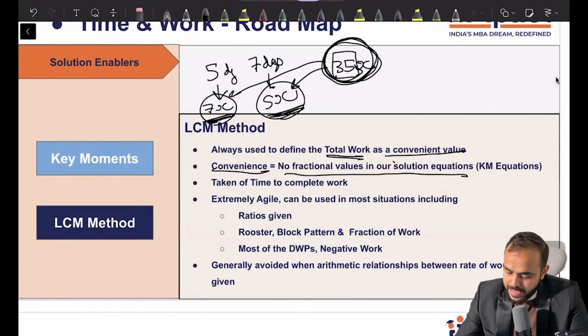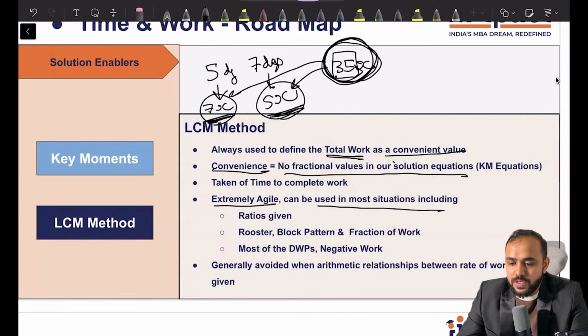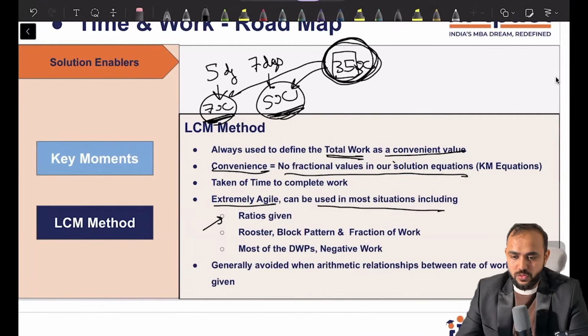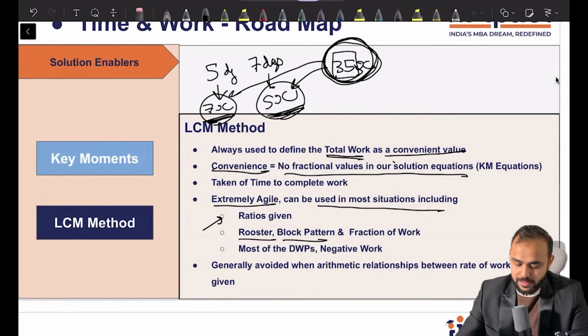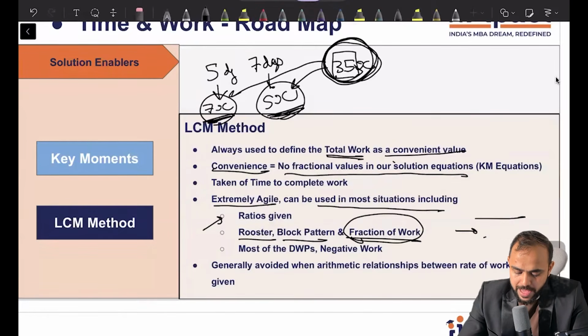All right, this is extremely agile and it can be used in most of the situations that you will come across. If the ratios are given, then this would definitely be getting used. I don't like to say 100%, but this is as close to it as it gets. If there are rosters, if there are block patterns, if fraction of work is asked. Now, when fraction of work is being asked, then obviously the denominator has to be defined, right?